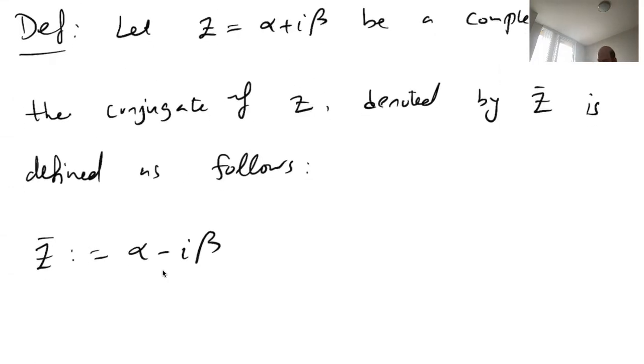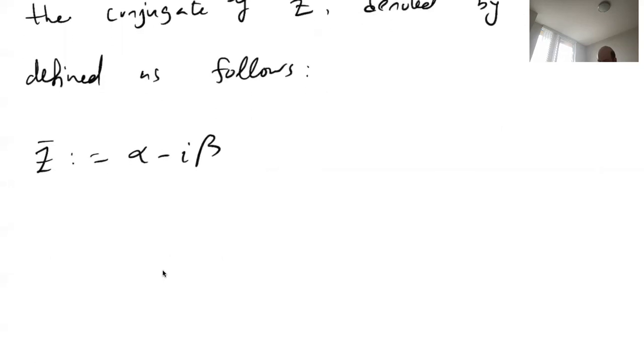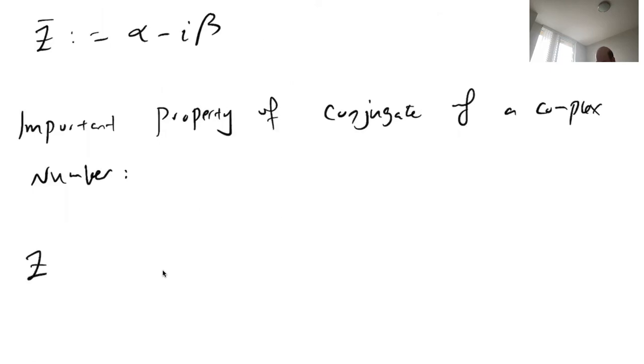Now, what is the important property of the conjugate of a complex number? It is that z times z bar, let's see what it is. Z is alpha plus i beta, z bar is alpha minus i beta.